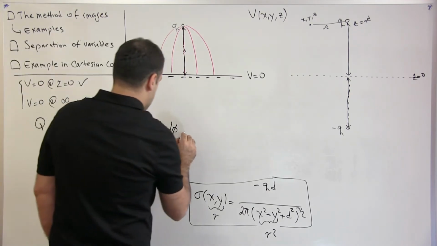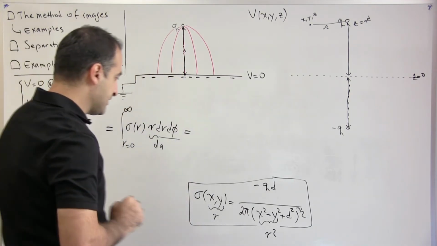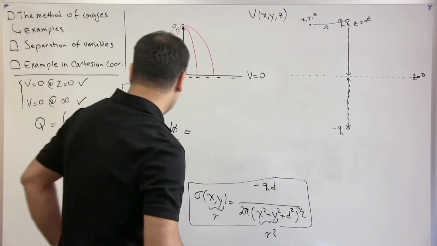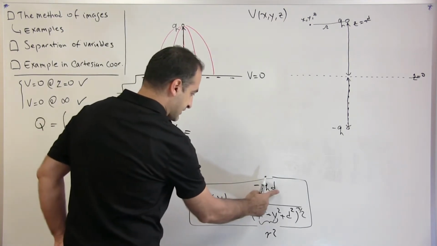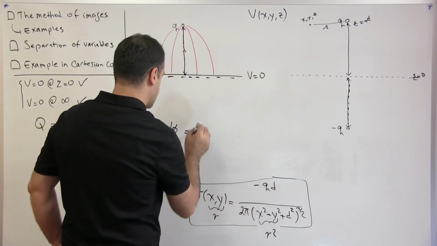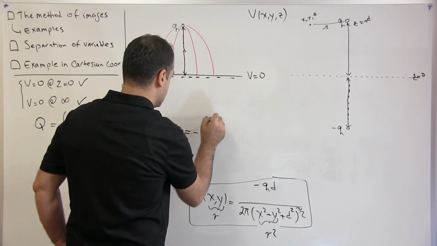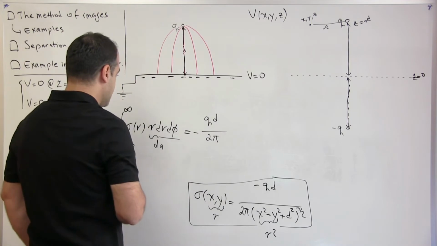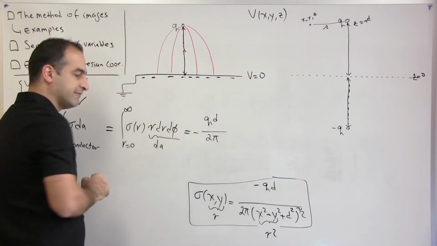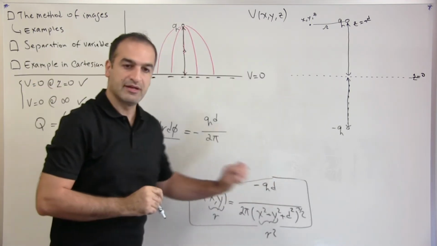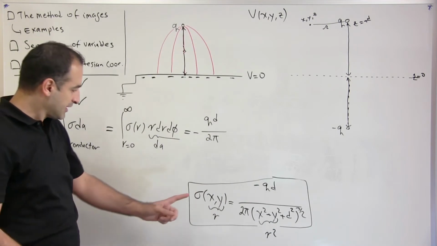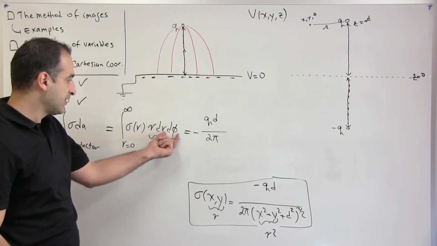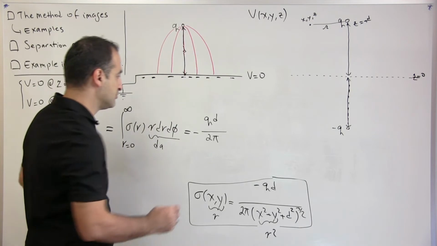For this integral, I'm going to put the constants outside the integral. Q is a constant, D is a constant, 2 pi is a constant, so negative Q D over 2 pi. And in the integral of d phi, the integrand is not dependent on phi, so I can integrate phi separately, and it goes from 0 to 2 pi.